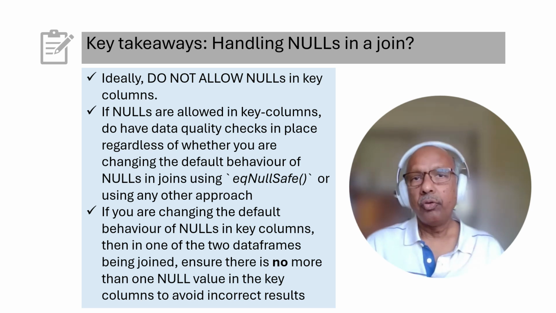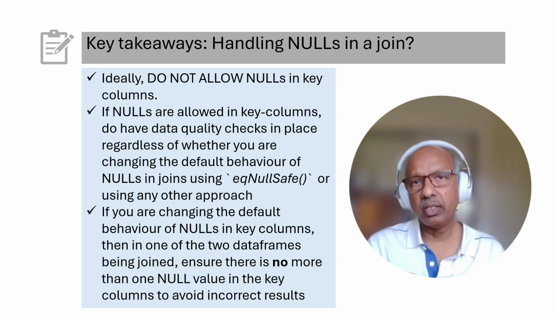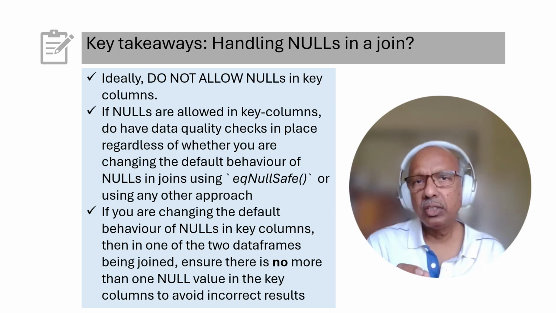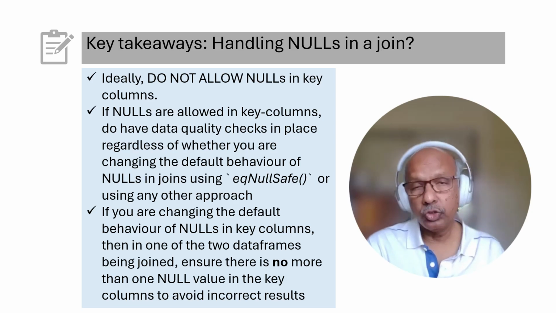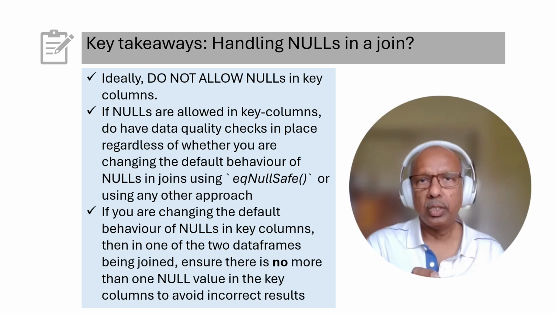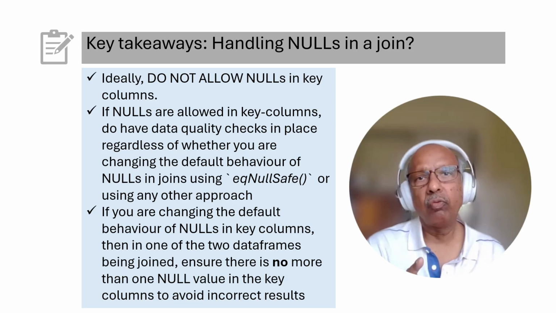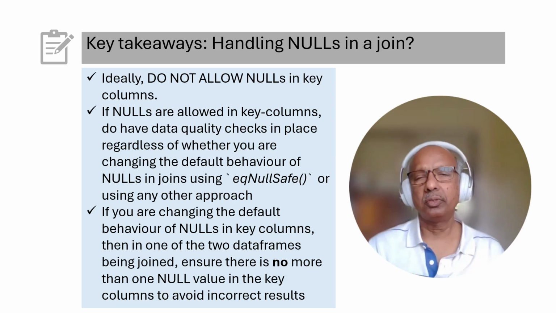Lastly, if you are writing a query to join two data frames, and as part of that query, you are changing the default behavior of nulls on the joins, then make sure that out of the two data frames that you are joining, one data frame has no more than one null value on the joining columns. Otherwise, expect incorrect results.